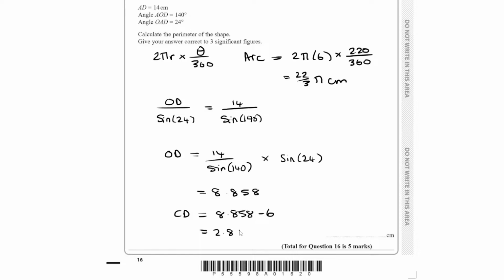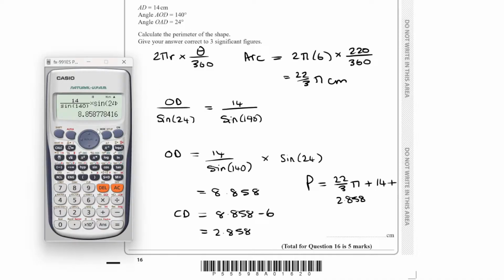So 2.858. So then finally, the perimeter was the arc length, which was our 22 over 3 pi, plus the 14 side, plus this. So now I can bring it back in my calculator. I've got the answer here, so take away 6. So that's my 2.858, plus 14, plus the 22 over 3 pi, just so I had the exact thing with all the decimals. So I get 39.89. They said 3 significant figures, so 39.9.